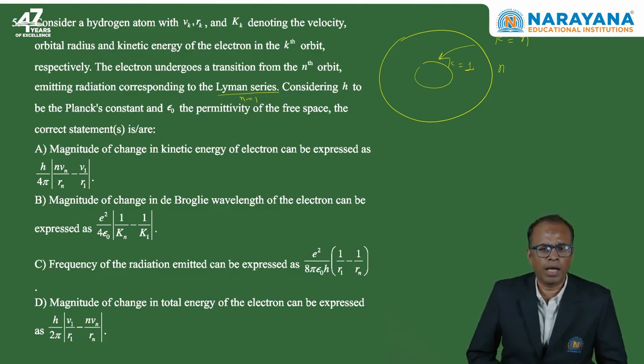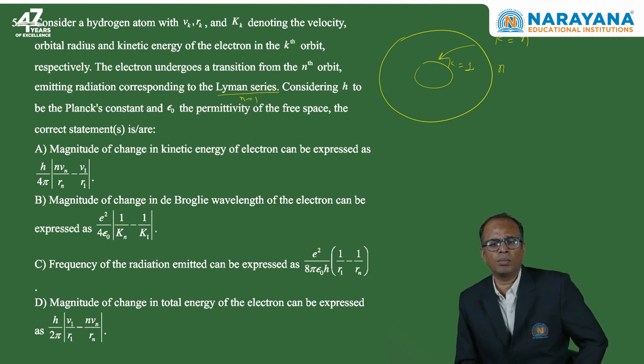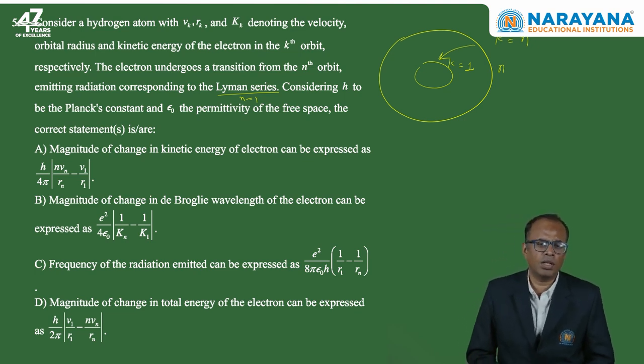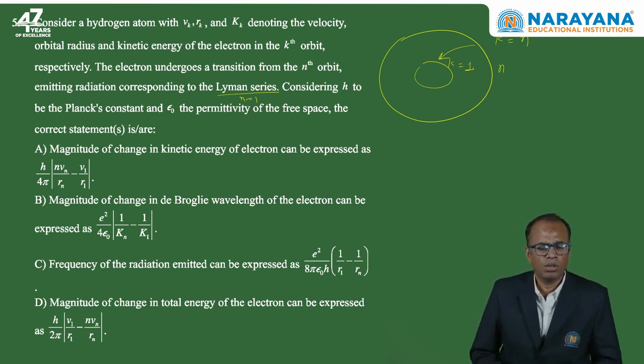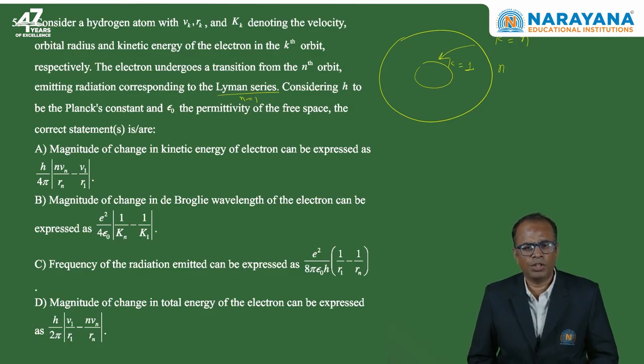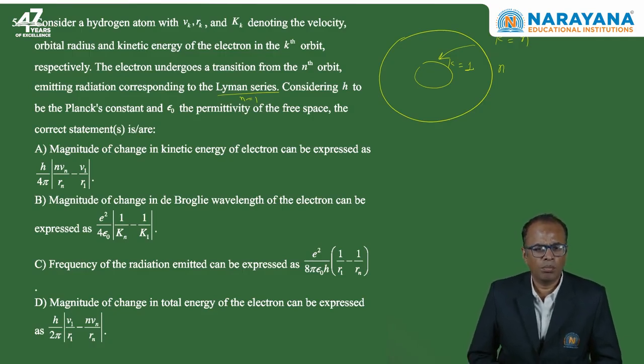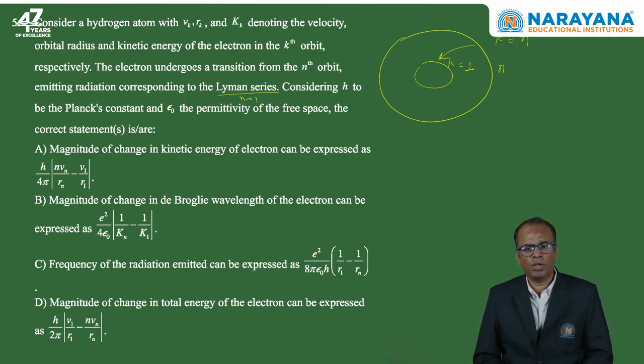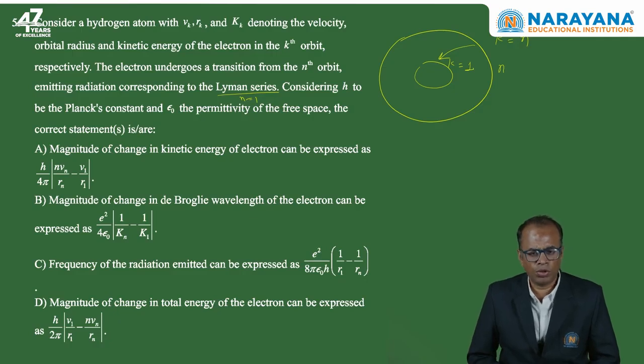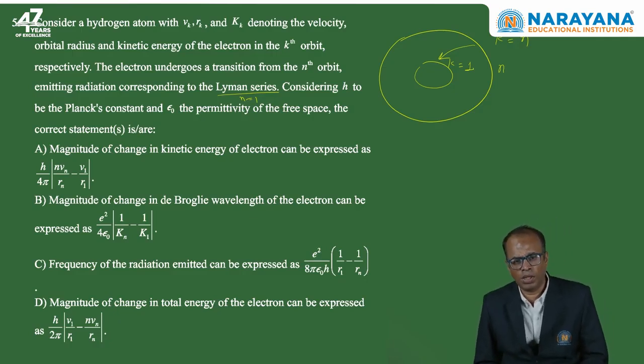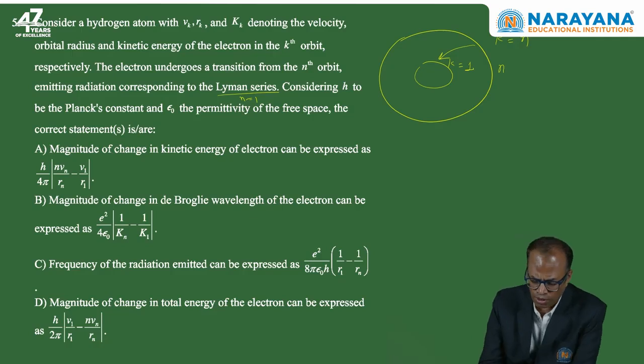Given h is the Planck's constant, epsilon naught the permittivity of free space, we are interested in option A, magnitude of change in kinetic energy, magnitude of change in de Broglie wavelength, frequency of the radiation. Okay, let's start with option A. Let's think about change in kinetic energy.